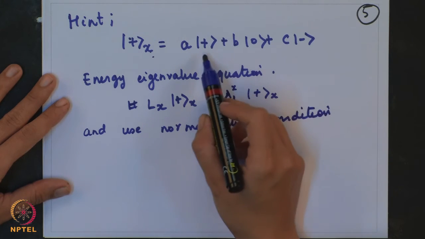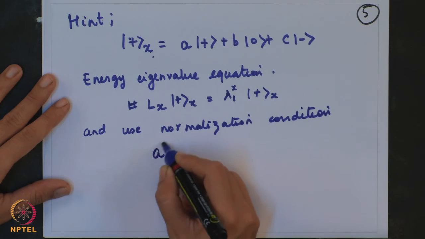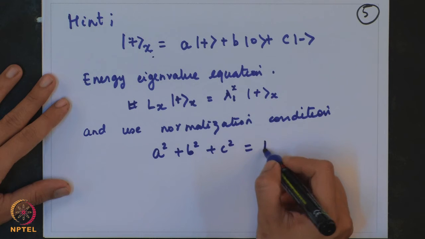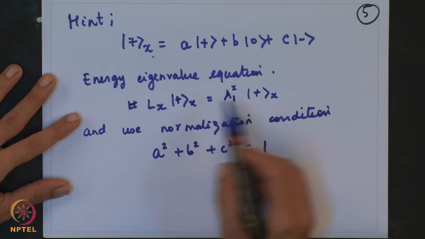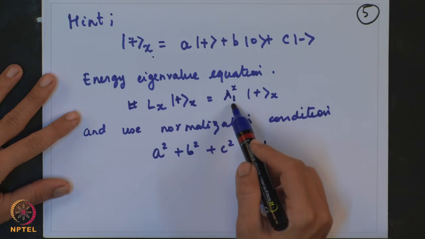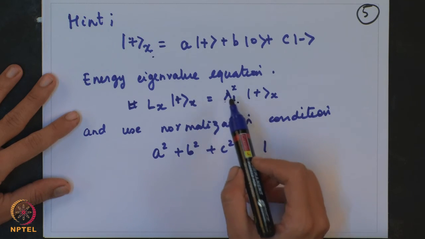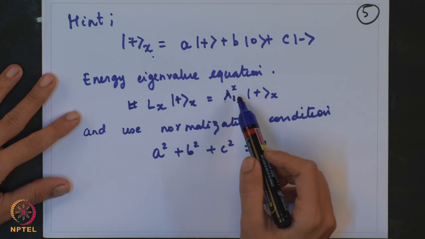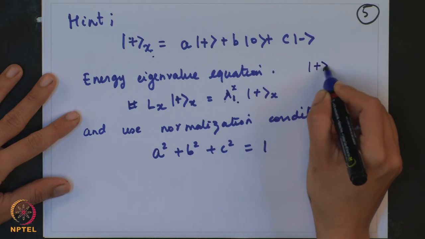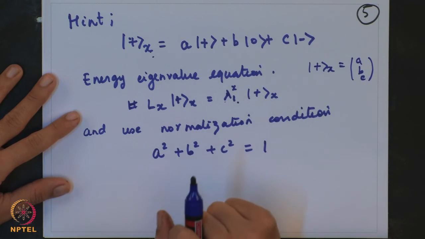You know that the plus, 0 and minus kets are orthogonal. So, the normalization condition is A squared plus B squared plus C squared equals 1. For the first part you can just substitute for Lx and the value of lambda 1, the eigenvalue, say if you start with 1 as the eigenvalue, write plus x as A, B and C, and see what you get.